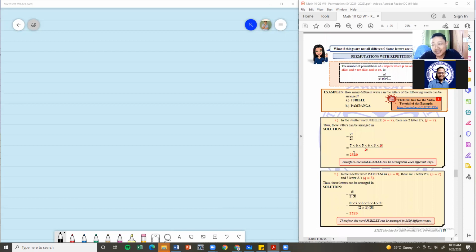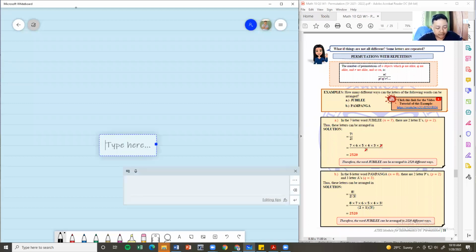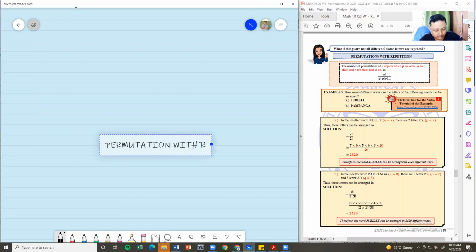Kasi just like what I told you a while ago, permutation is always no repetition. What if the permutation has repetition? Meron nauulit sa kanilang mga entries or sa kanilang mga data. And how is that? Don't worry, this is just very easy. So now let's move on with permutation with repetitions. Yan, in short, umuulit. May umuulit.